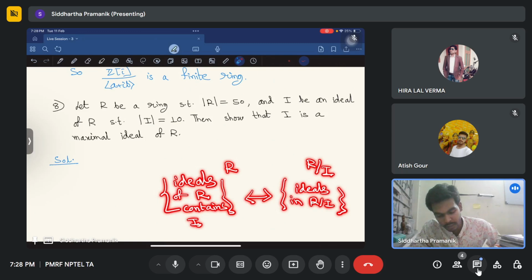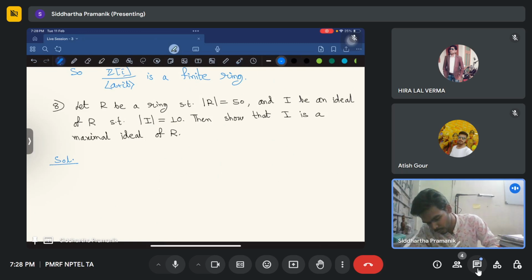That is the correspondence theorem. So we will use that theorem here.